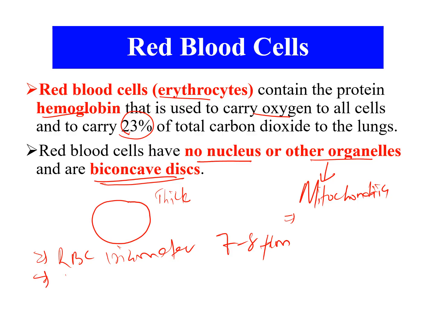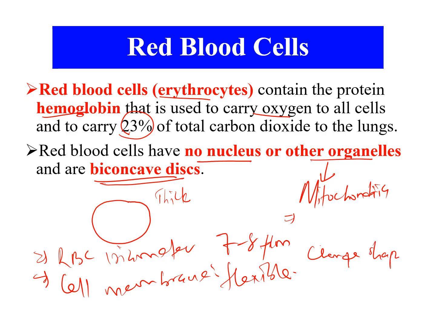Talking about their cell membrane, the cell membrane of red blood cells is very flexible. By this flexibility, what we mean is that a red blood cell has the ability to squeeze, to change shape and squeeze through narrow blood capillaries.